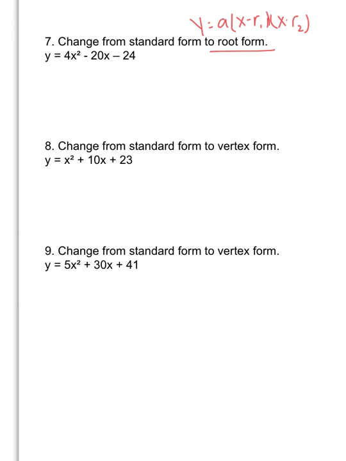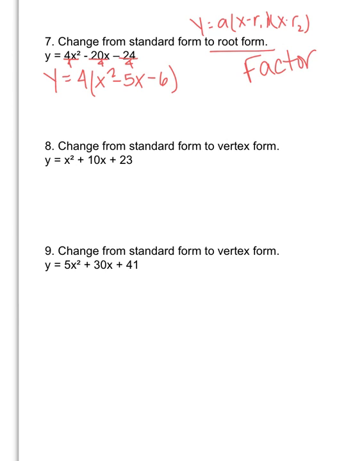Okay, so if we're in standard form and we're going to root form, you will need to factor in order for it to look like root form with two sets of parentheses. Remember when we're factoring, the first thing we look for is a GCF. Notice that all three have a 4 in common. So we'll divide each one by that GCF to determine what's left. So we have left x squared minus 5x minus 6.